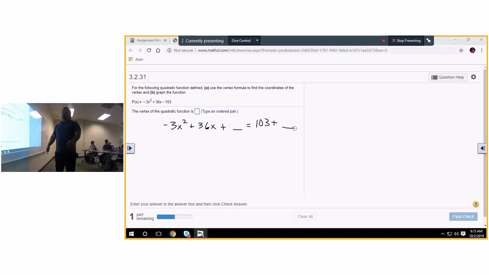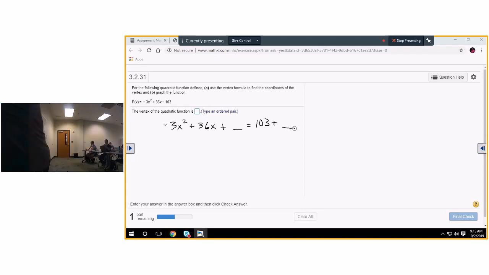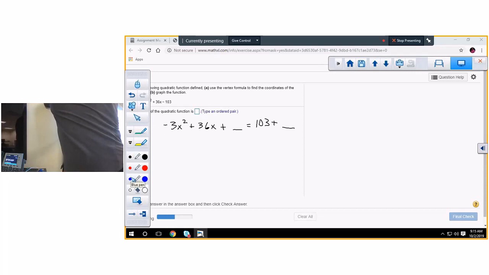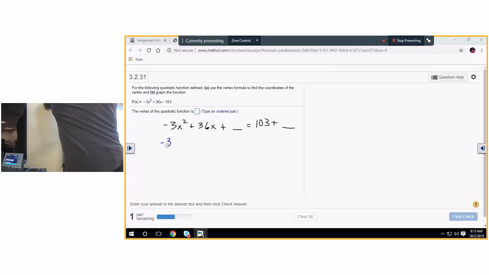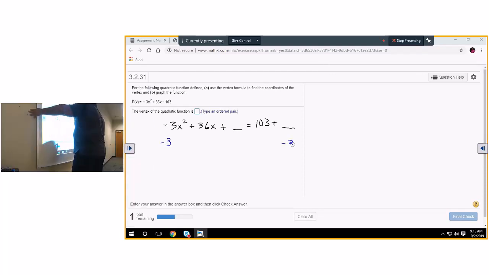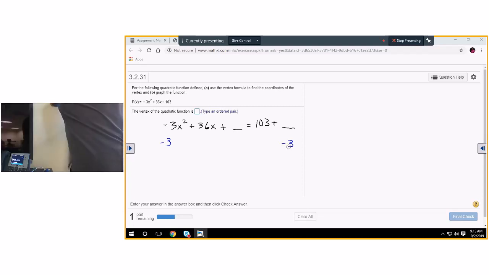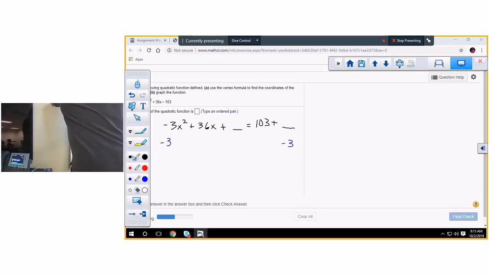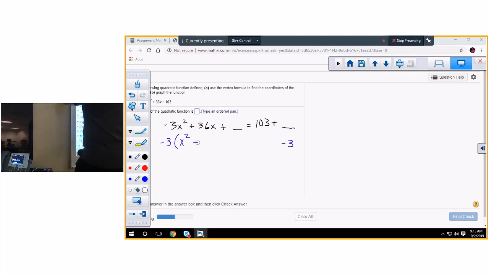All right, so what do we got to factor out? Negative 3. Good job. I'm going to factor out a negative 3, and that means negative 3 with that line over there. I'm going to add your animation with the blue color so y'all will learn more. That's going to be x squared minus, because that plus divided by negative is a negative.